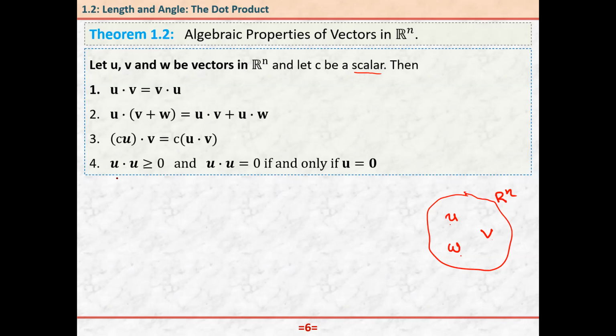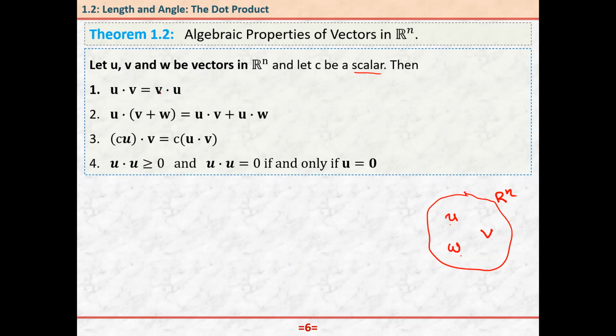And the fourth one is important. It says that the dot product of u and u is greater than or equal to 0. It's not two different vectors, it is u and u, right? The same vector.